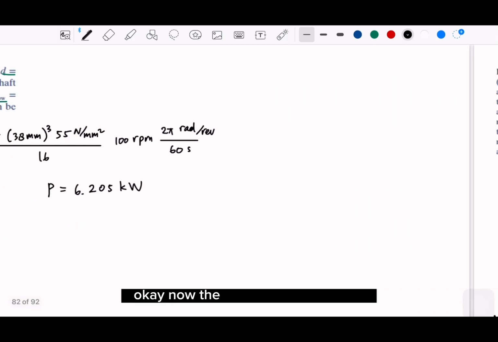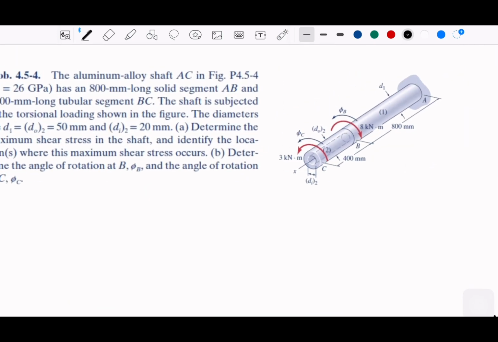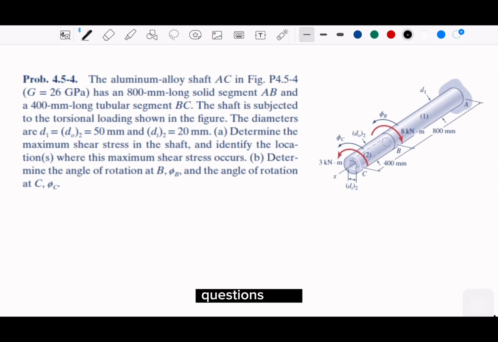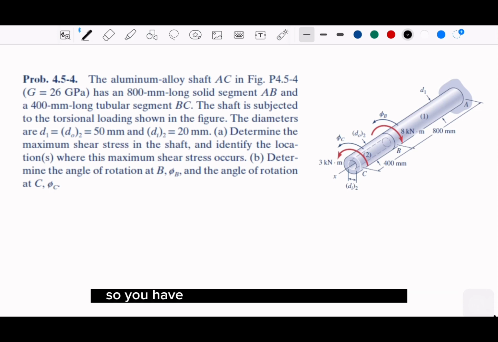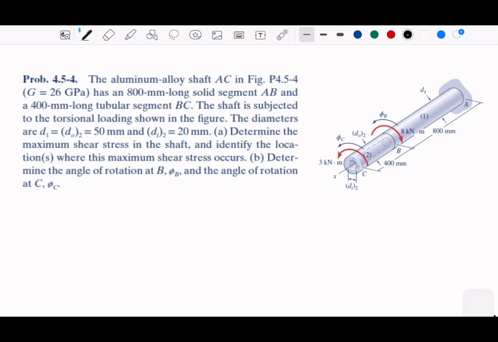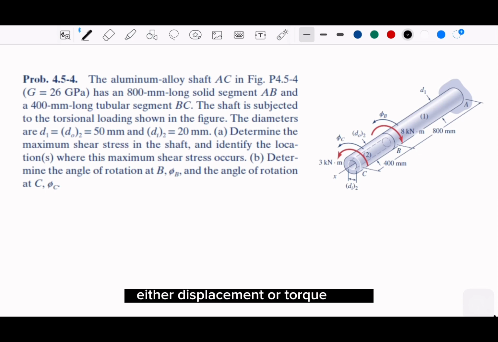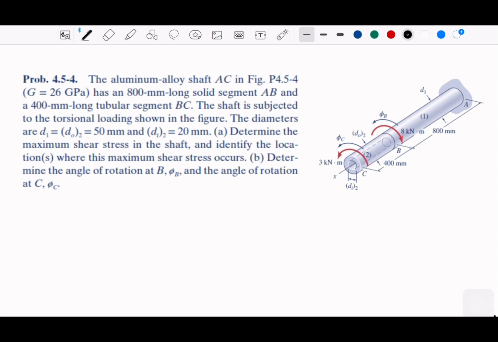Okay, now the next one, we have question 4.54. We have a shaft, and this will be a typical problem, especially for your quiz. This type of question, at least one of them, will be like this. So you will have a shaft, and then you have some either displacement or torque, and it has some certain conditions.